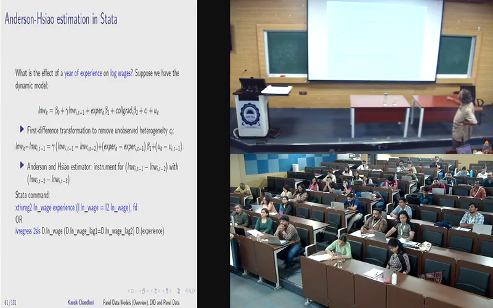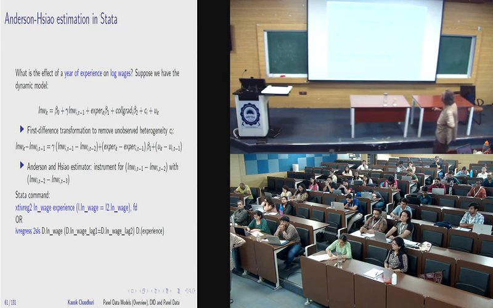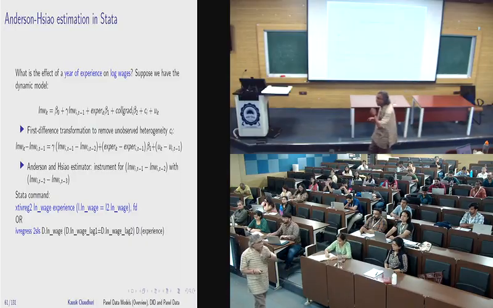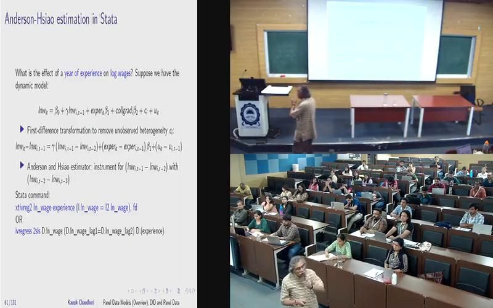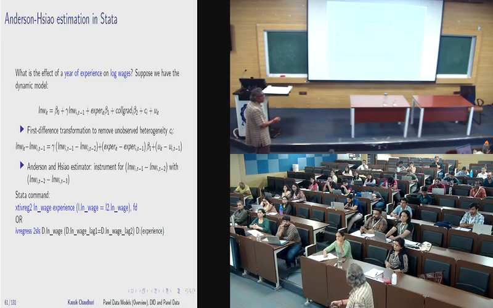So given this, I estimate this in Stata. That is my equation. I do the first difference transformation, the Anderson-Hsiao estimator, instrumenting log w it minus 1 and log w it minus 2, with t minus 2 and t minus 3, and that's how you write that command with FD, because this FD tells Stata that you need the Anderson-Hsiao estimator.